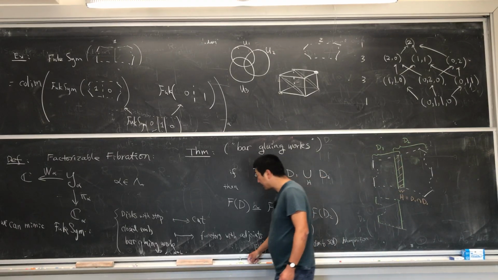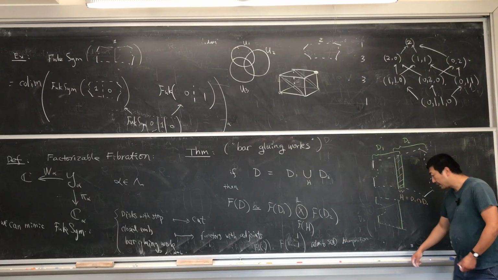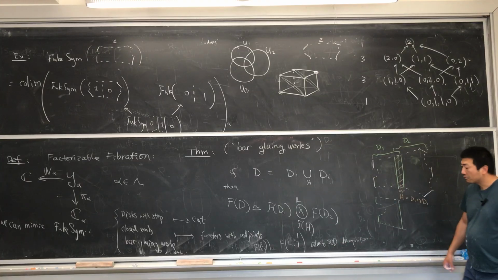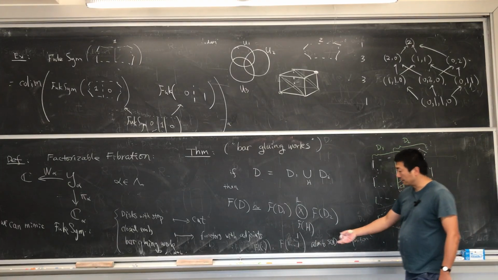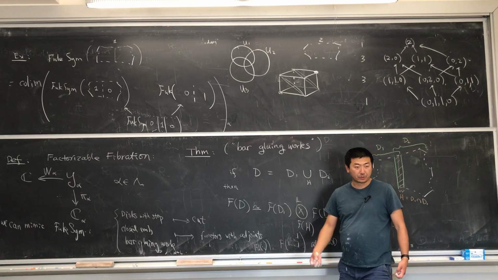Which basically just says that you can pick a collection of subcategories, and there's some directionality about who can map to who.